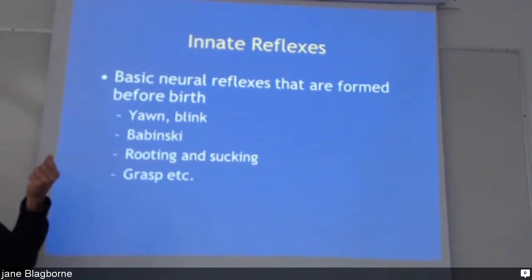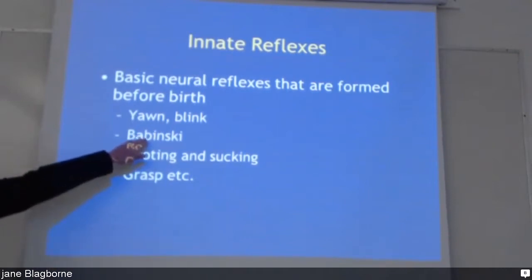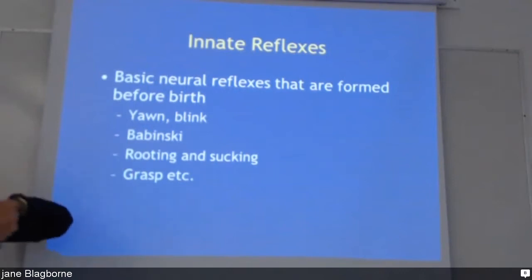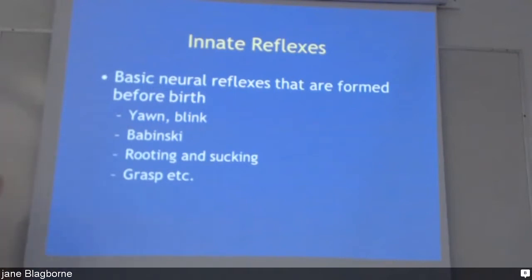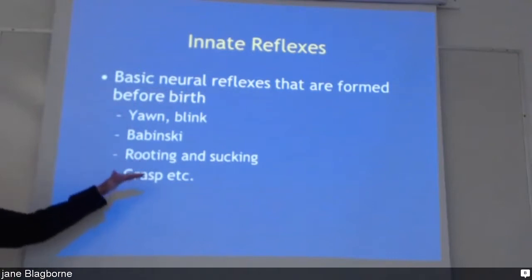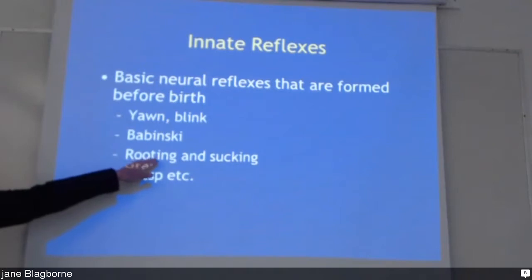It automatically holds on. Babinski's reflex is the sole of the foot. When you stroke the sole of the baby's foot, the toes go out. That is a normal reflex for a newborn. Some of these disappear as the baby gets older. The rooting and sucking reflexes, of course, they keep for a very long time.